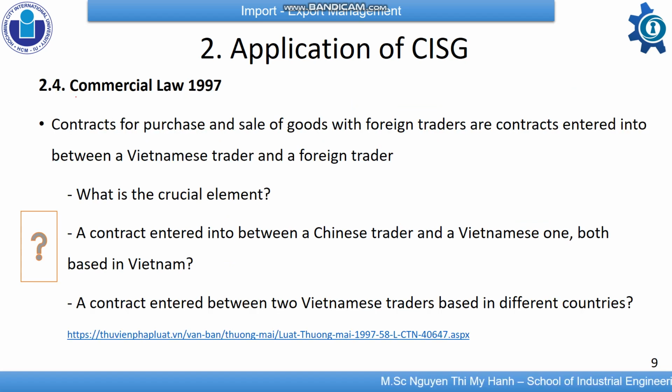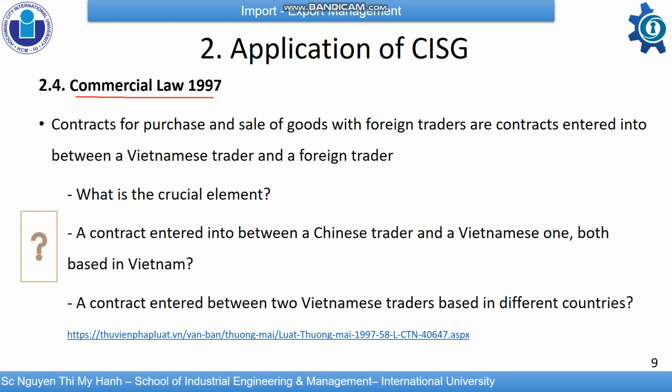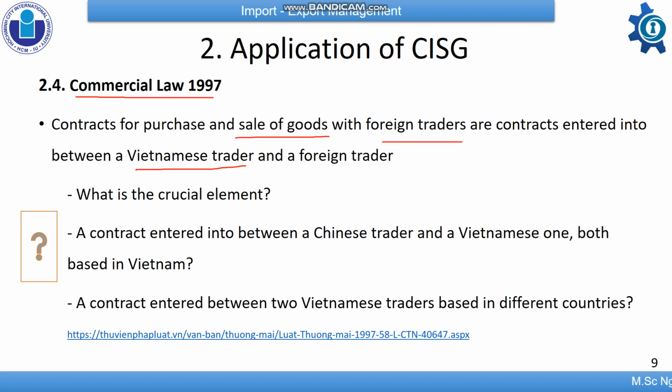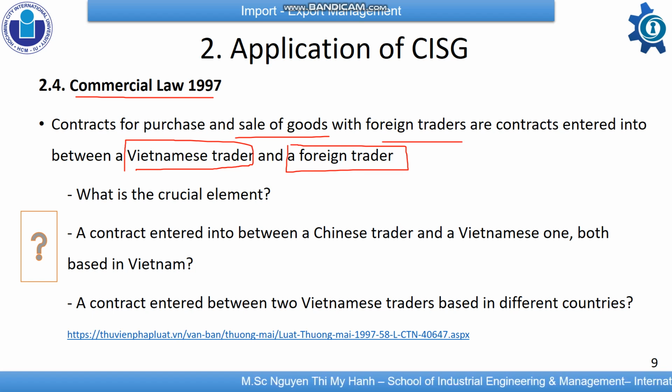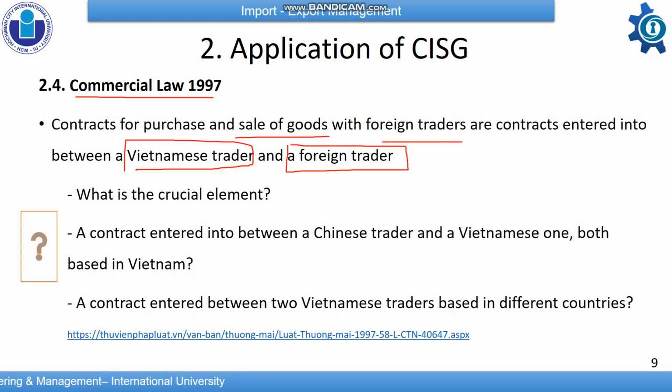Let's look at the commercial law in 1997. So they say the contracts for purchase and sale of goods with foreign traders are contracts entered into between a Vietnamese trader and a foreign trader. So as long as it's a contract between a Vietnamese trader and a foreign trader, we will call it CISG.